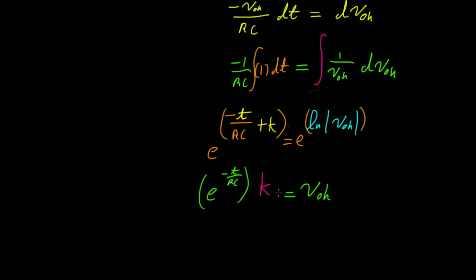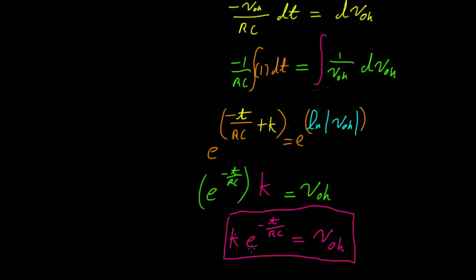So now, the last thing we're going to do is just rearrange this. We're going to get k times e to the minus t over RC is equal to our V out homogeneous, our VOH. So now that is the answer for the homogeneous part of our differential equation.